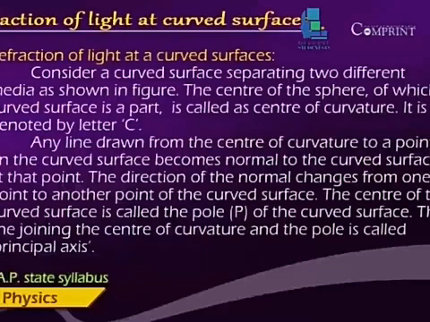The direction of the normal changes from one point to another point of the curved surface. The center of the curved surface is called the pole of the curved surface. The line joining the center of curvature and the pole is called the principal axis.